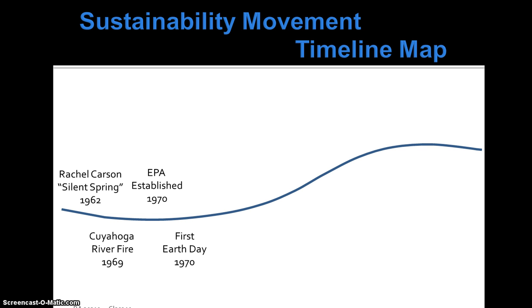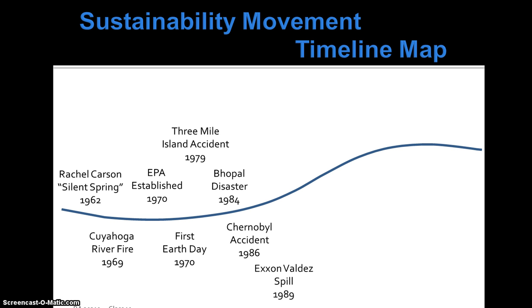We created the Environmental Protection Agency in 1970, and the first Earth Day, which was a sort of societal gathering event, occurred in 1970. So we started to see regulation coming into place, societal pushback, and all of that sort of thing.